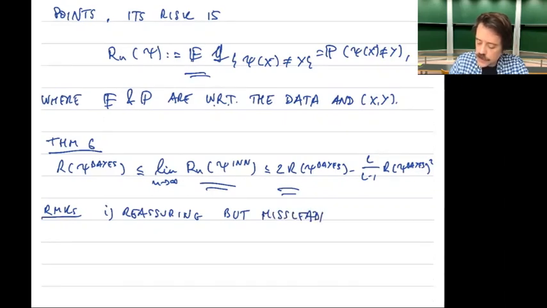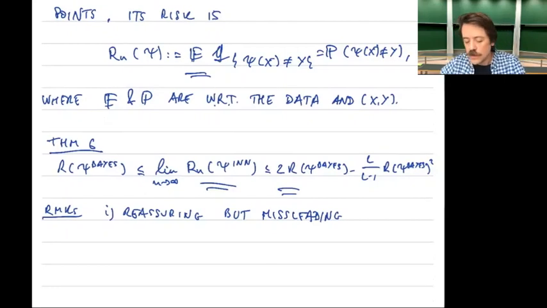So this is akin to the result that we saw in neural nets, in which we were looking at shallow networks, and we said that they are universal approximators. Again, that's reassuring because you certainly wish it to be a good approximation, but misleading in that in practice that's not really what is happening, that they are good approximators.